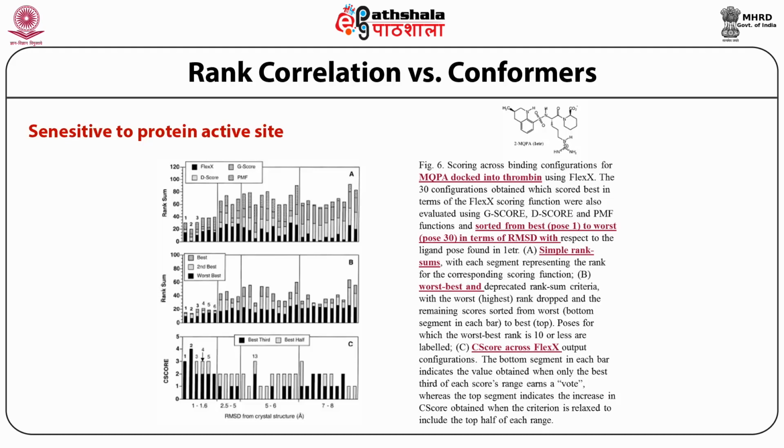What we notice is that the simple rank sum, shown first, can do the corresponding sum scoring functions, worst and best also. However, C-scores do much better in the region where the RMSD with respect to the crystal structure is lower, which gives us more confidence that even if we use C-score, it is still relevant to use in such cases. So this shows, irrespective of conformers, C-scores pick up a better pose than others.